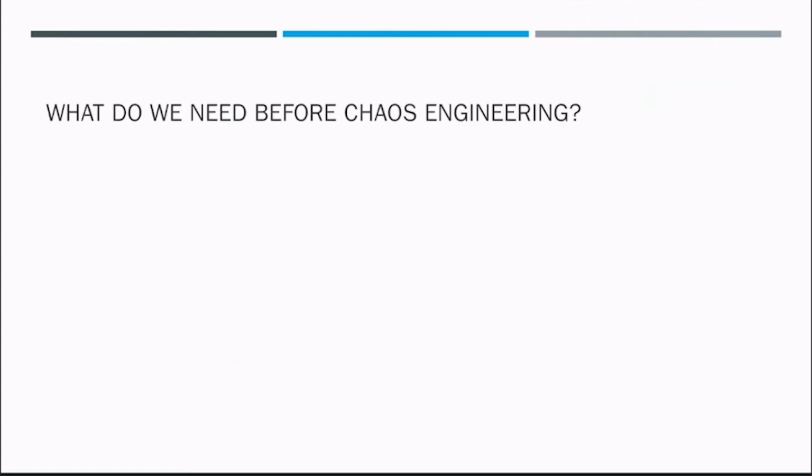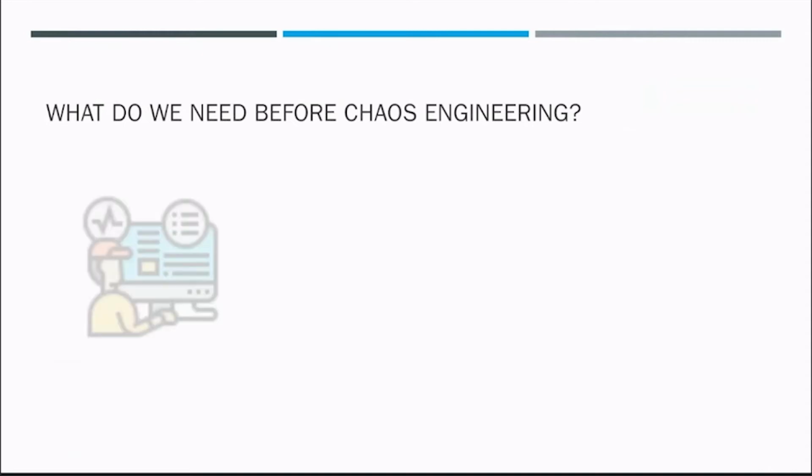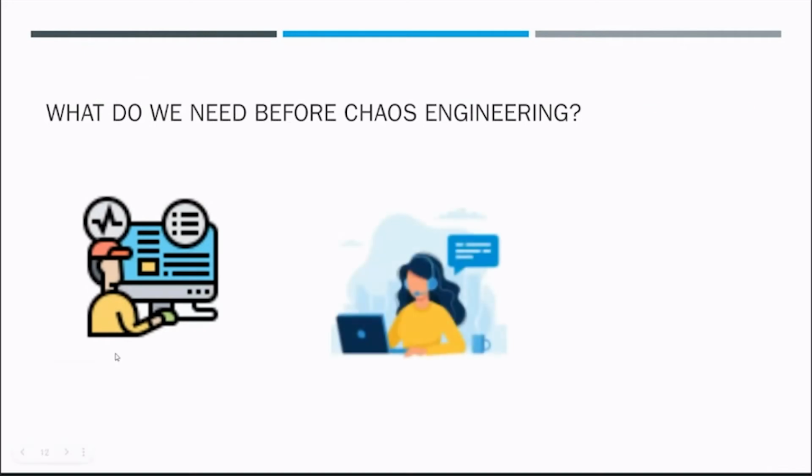Now you know what it is, why we want to do it, how it is different from testing, what the principles are, everything. The main thing is, before you start, we have to have a few things in place. For us, if you talk about CPRO, the first thing is observability or monitoring. We have to make sure that our systems emit data.